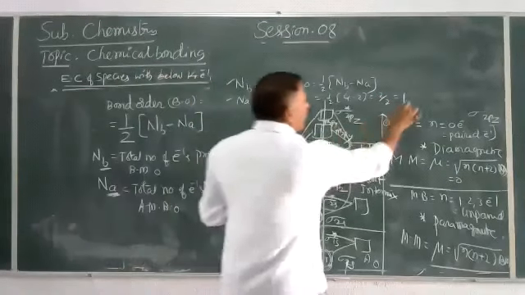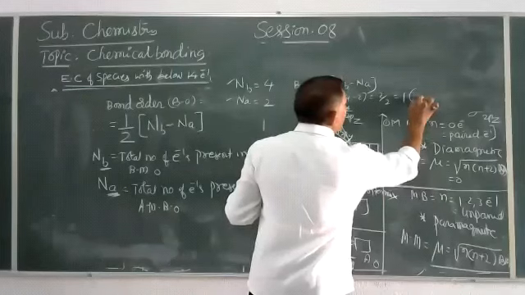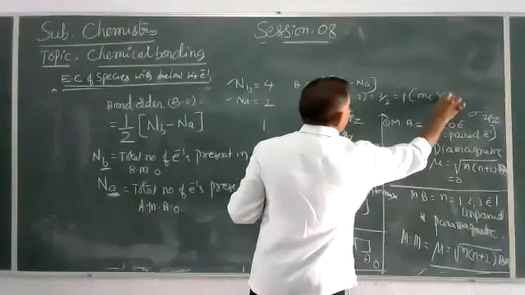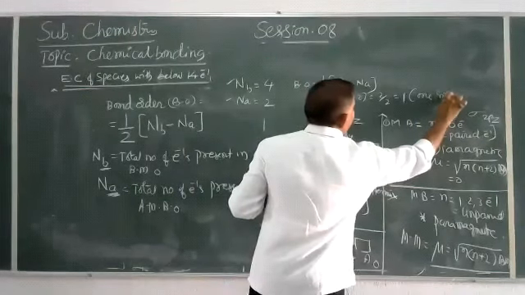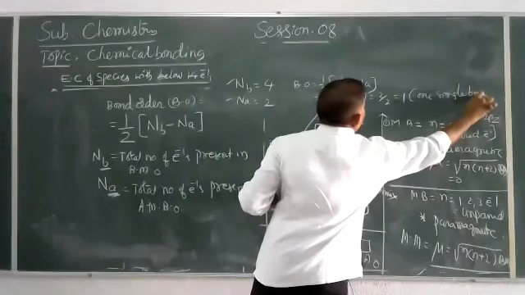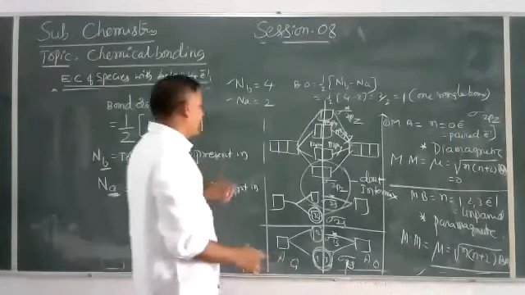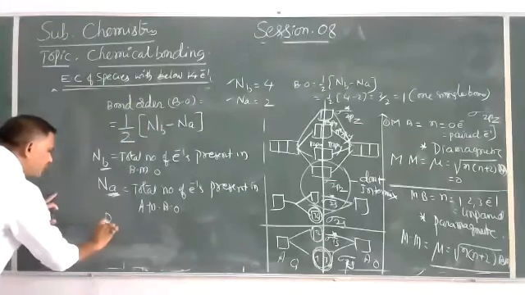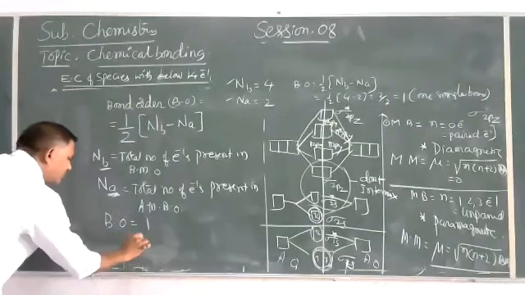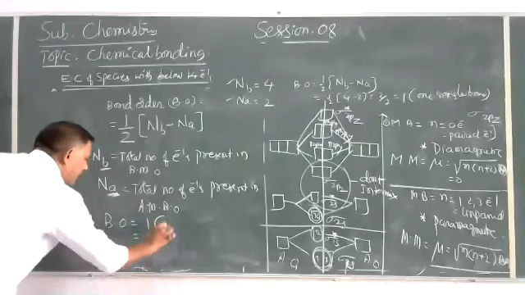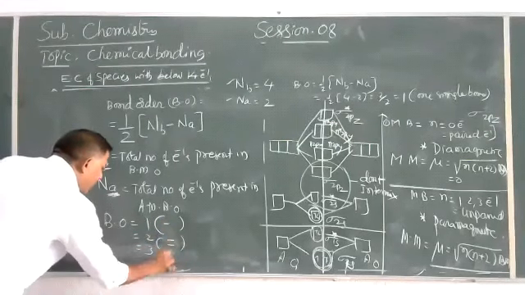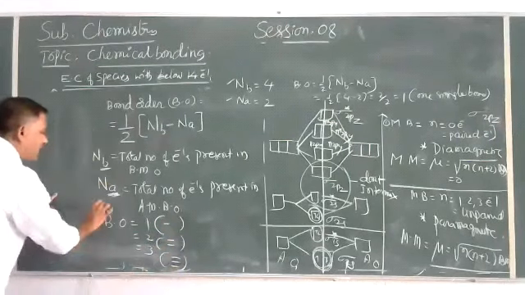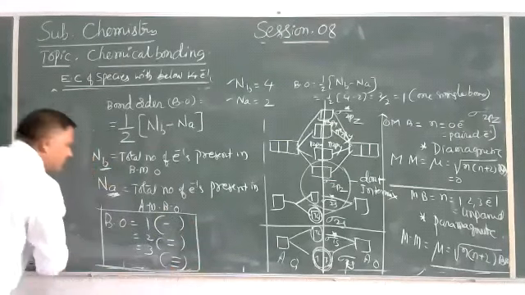That one bond indicates a single bond is present. That's why bond order BO equals 1, 2, 3: it is a single bond, a double bond, or a triple bond on the basis of this bond order.